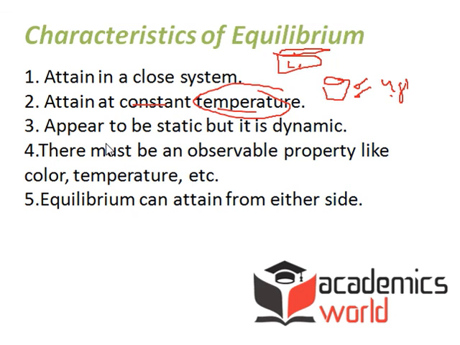Third, it appears to be static, but it is dynamic. I have explained that static means stopped. It appears stopped, but it is going on inside. So coming to the fourth point, there must be an observable property like color, temperature, etc. There is one characteristic or observable property, suppose color.